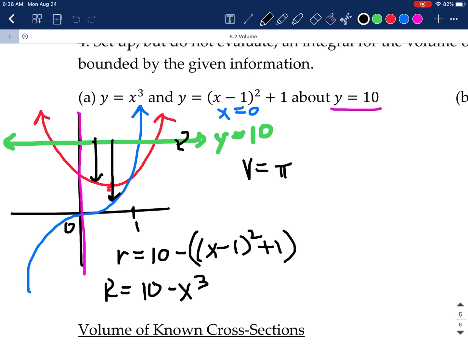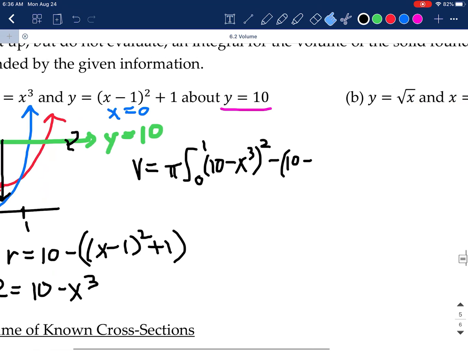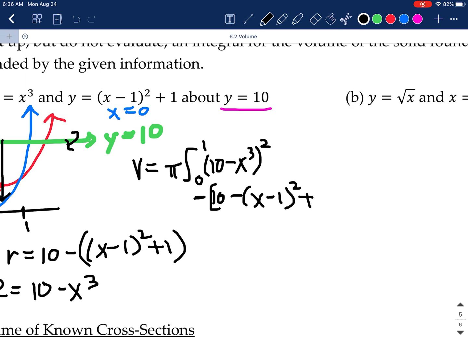So for volume, it's going to be pi times the integral from 0 to 1 of (10 minus x cubed) squared minus (10 minus quantity (x minus 1) squared plus 1) squared dx.